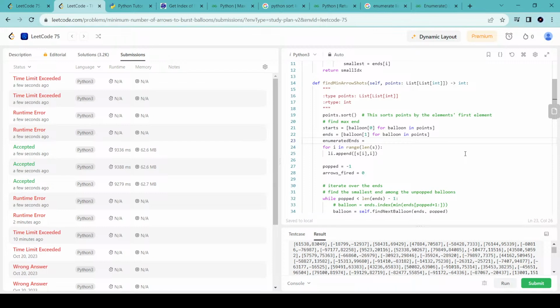It's not exactly enumerate. I think it'll work.